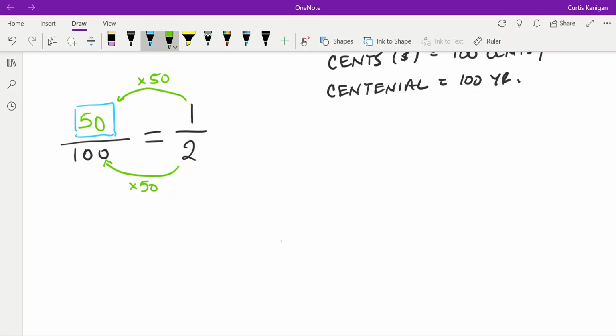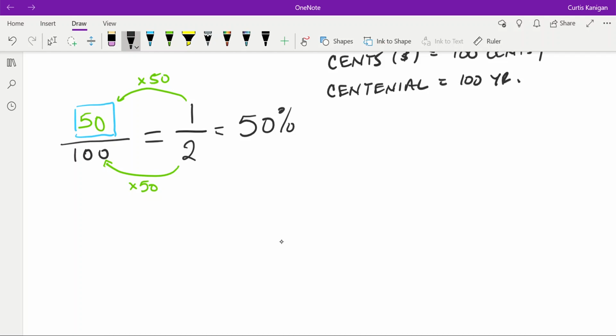So now we know that 50 out of 100 is equal to 1 over 2, which is also equal to 50%, because we've got 50 out of 100, which is 50%.